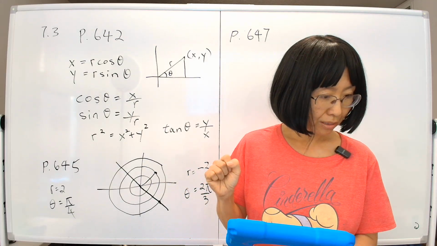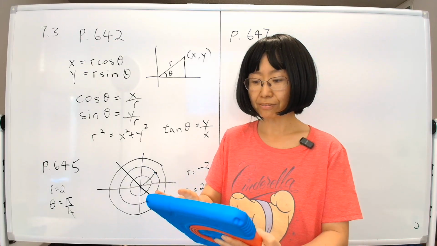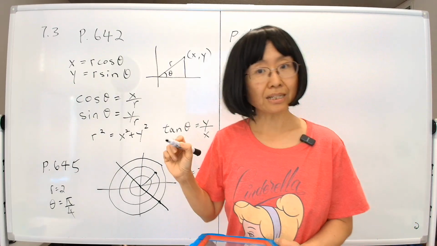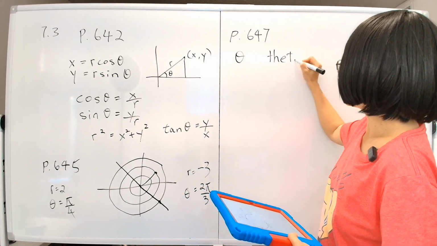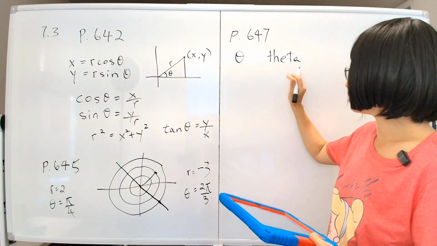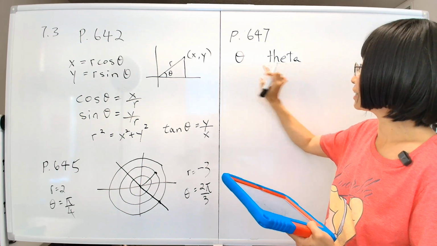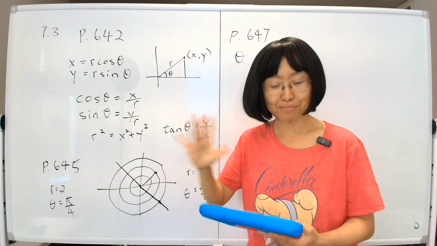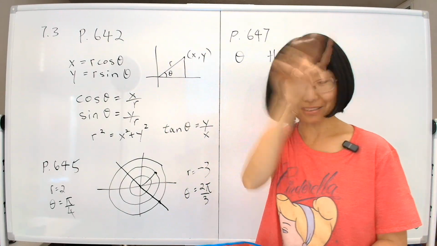To type in theta in the Desmos calculator, one way I found is to just type the letters t-h-e-t-a. The second you type this in, Desmos automatically changes the word into the letter. Very neat. It's one smart calculator. So you type this in, and it draws it right out.